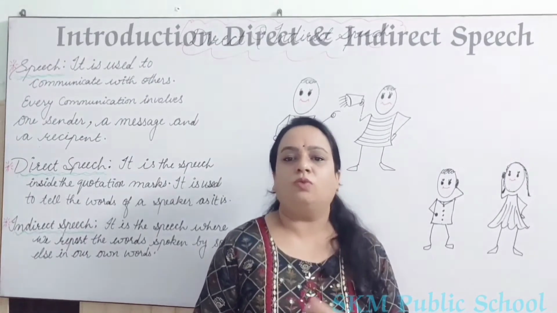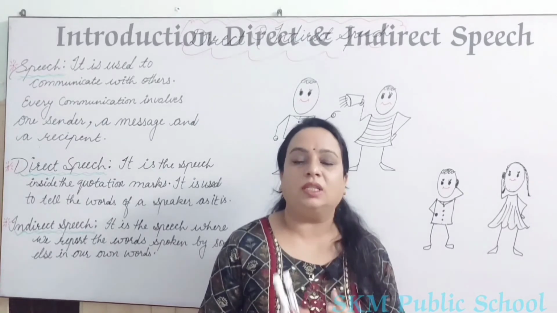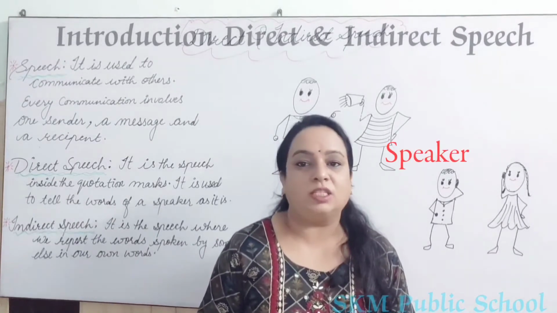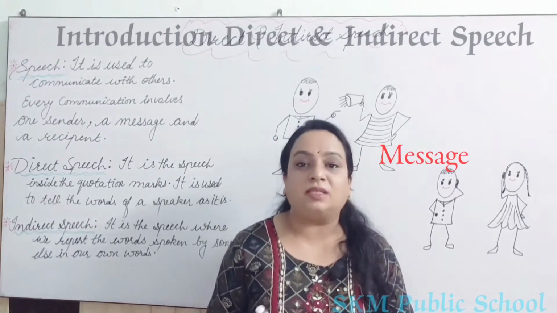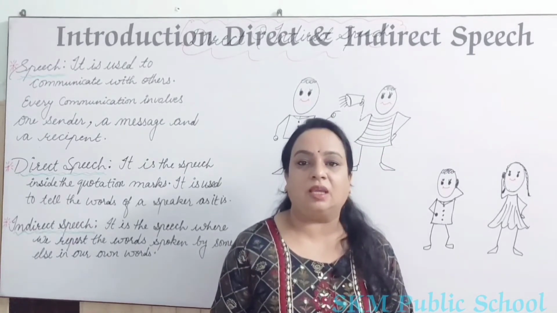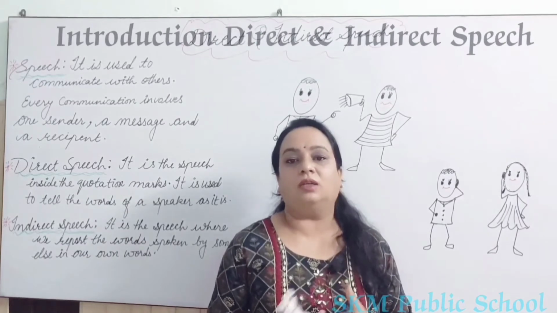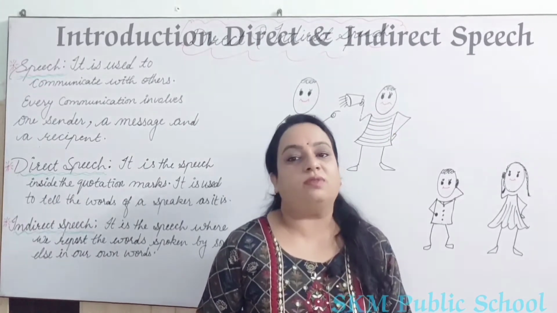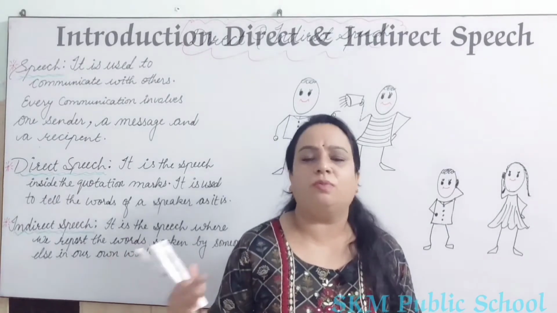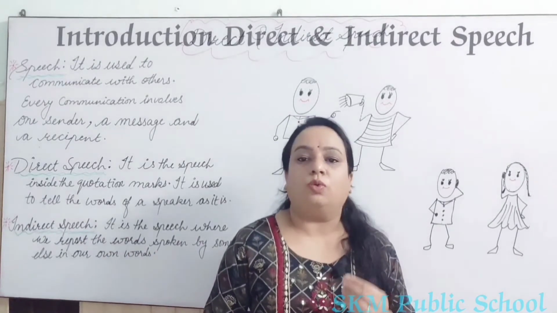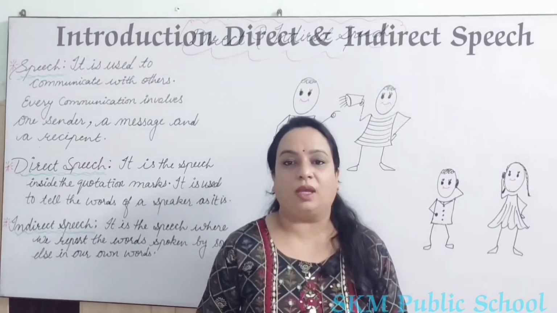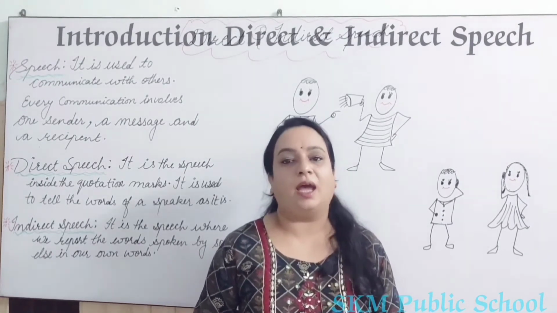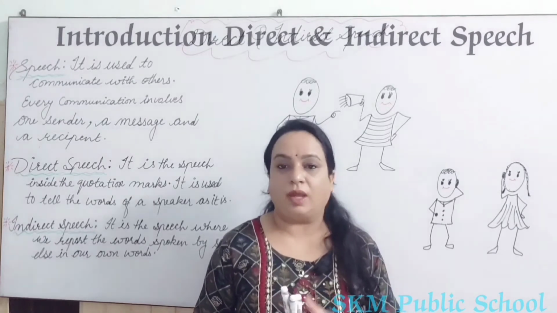So what are the things involved in speech? One is the speaker, second is the message he or she is speaking about, and the third thing is the receiver. The receiver may be one, two, three, four, many. So the three things required for a speech are the speaker, the message and the receiver, right?